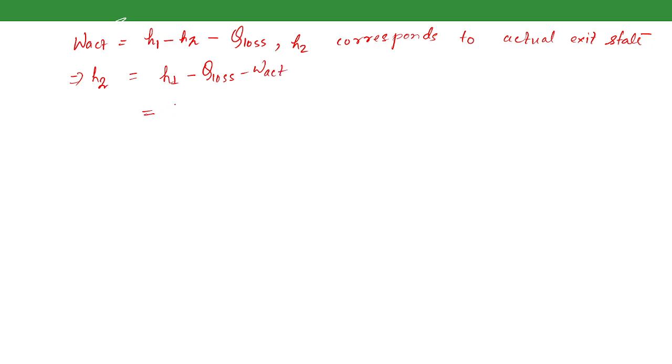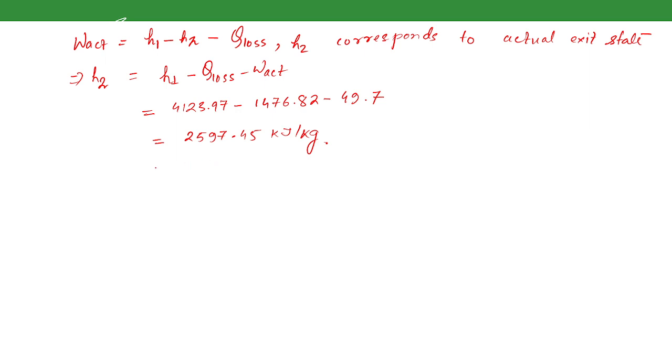So this is 4123.97 minus 1476.82 minus 49.7. This value comes out to be 2597.45 kilojoule per kg.